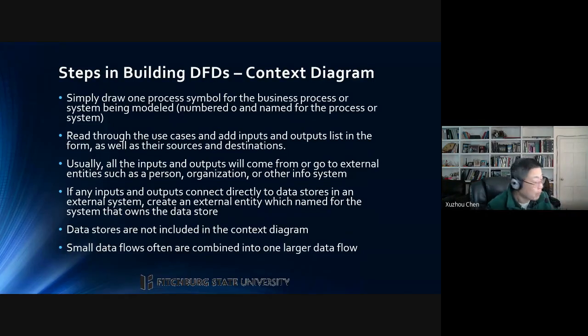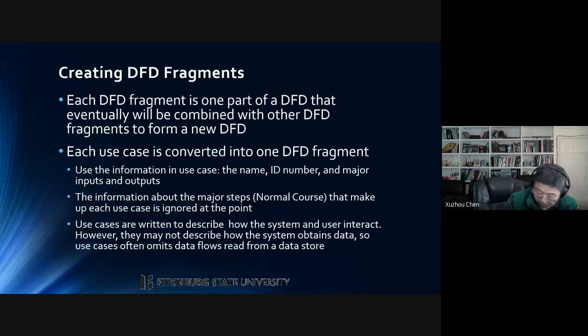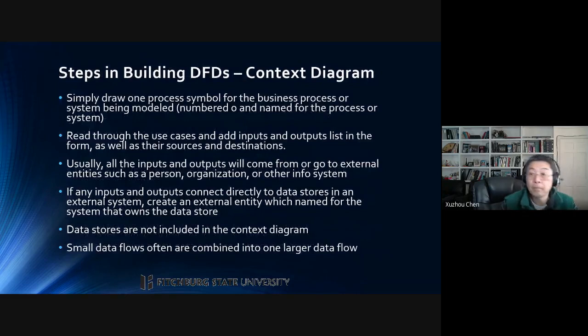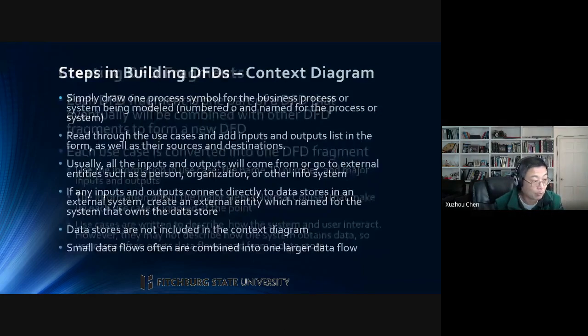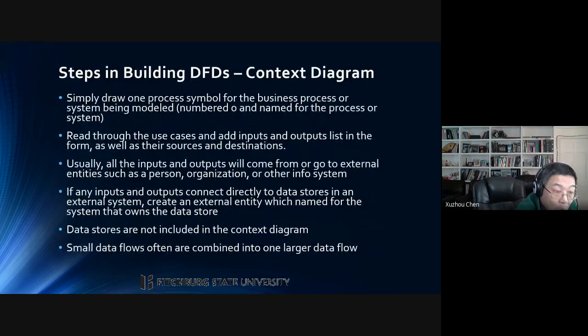Context diagram basically is a very simple diagram. As we mentioned, for the context diagram, there's only one process. The whole system is represented by one giant process. I want to draw something on the screen. I don't know why it's not working.